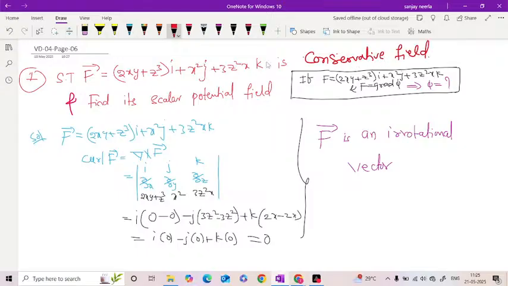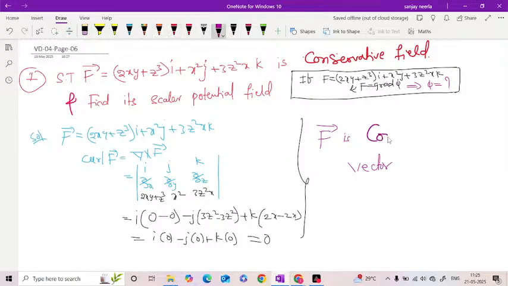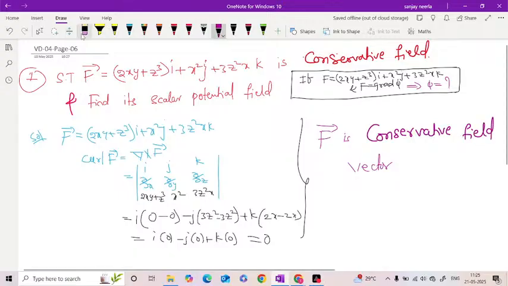Conservative field means just find the curl F, and the curl F is 0. So the given vector is a conservative field because curl F is 0. Okay, that is the first question. And anyway it is the conservative field, so find its scalar potential.